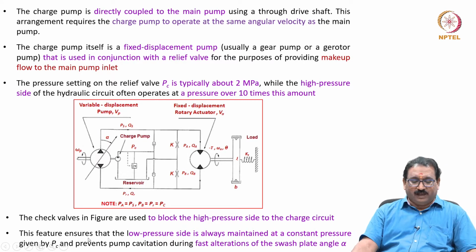This feature ensures that the low pressure side is always maintained at constant pressure given by PC and prevents pump cavitation during fast alteration of the swash plate angle alpha.